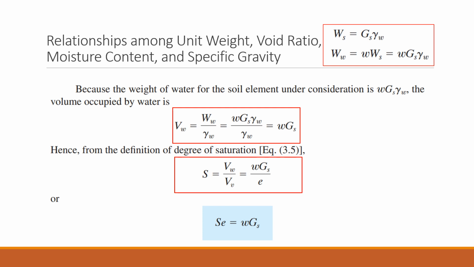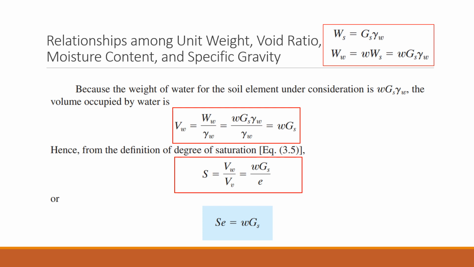Simplifying that formula, the weight of water is equal to moisture content times the specific gravity times the unit weight of water. Canceling unit weight of water, we would end up with just moisture content times the specific gravity.